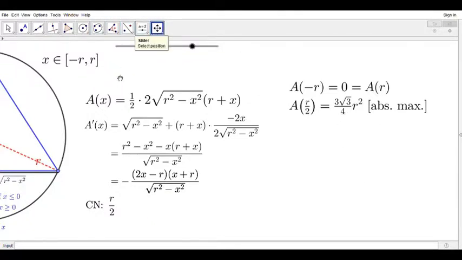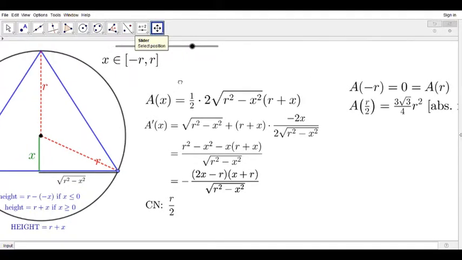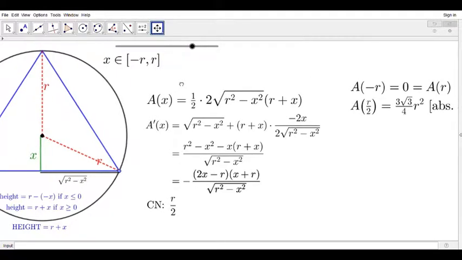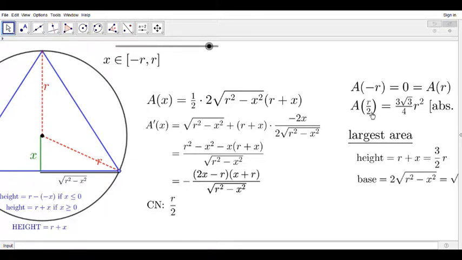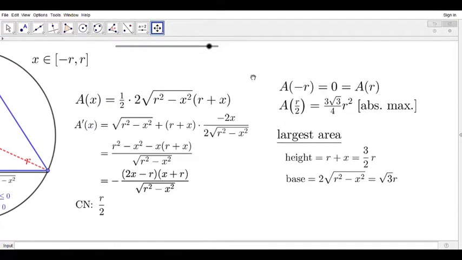So what are the dimensions? The dimensions are the height. This time the height is not x, but it's x plus r. And so if the critical number is r over 2, then r plus x, that's going to be 3 halves of r. You might remember that to be the same height from the previous solution.